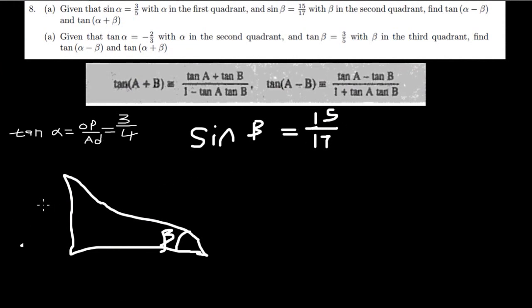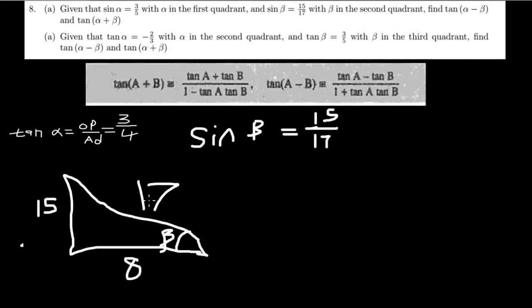So my opposite will be this, 15, and my hypotenuse will be 17. And then when you calculate using Pythagoras, we discover that the adjacent will be 8.